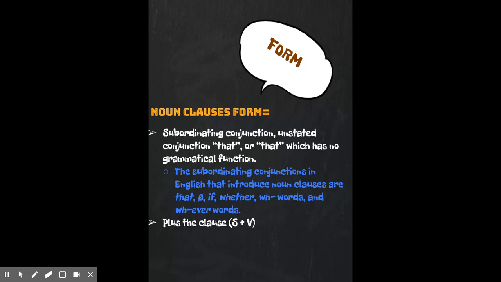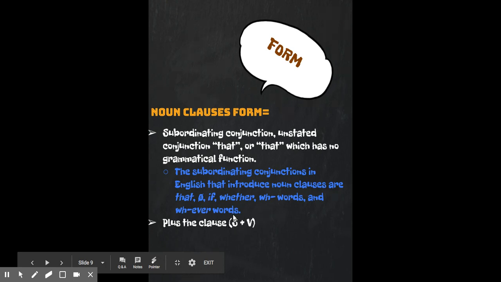So, the form of a noun clause. If you see a noun clause, it's typically going to have a subordinating conjunction. Usually it's that, if, whether, any of the WH words, who, what, when, where, why, and the WH-ever words, like whoever, whichever, and then however, which doesn't have the WH, but it's in there. So the form will have some sort of subordinating conjunction most of the time, and then it'll be followed by a clause, subject plus a verb.